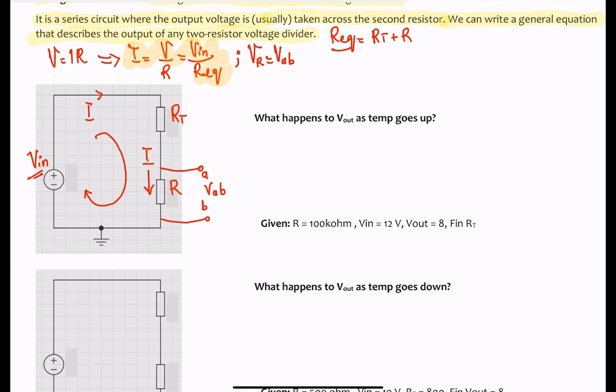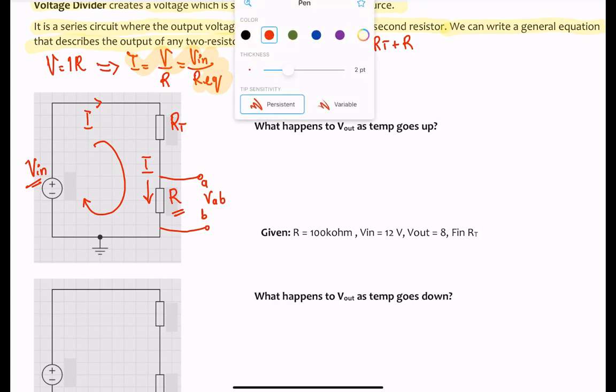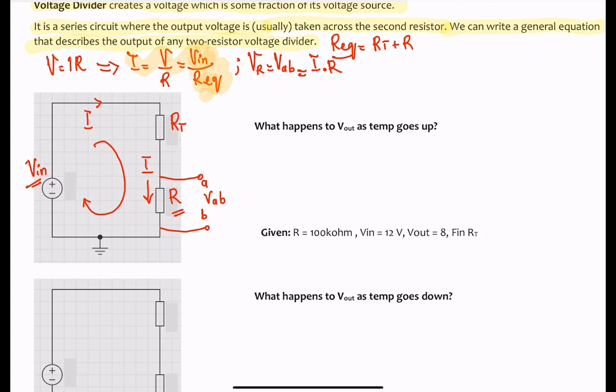So VAB equals the voltage across this resistor right here, and we simply apply Ohm's law: current I times R. For I, you plug in this equation that you see over here, and R is this resistance over here, correct? Now, notice there is a derivation or transformation of the expression from here to getting this over here, and for that we also had to calculate the total resistance.